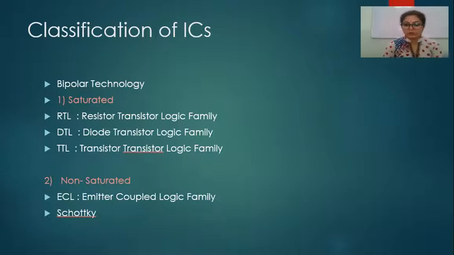I just want to tell you which of the families operates at a very fast rate. This is just for your general information because this part is not in your syllabus. ECL is one of the logic families which operates at a very fast rate as compared to any other family. The reason is it has a high number of fan-ins and fan-outs.